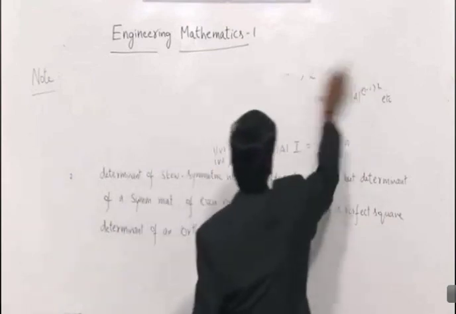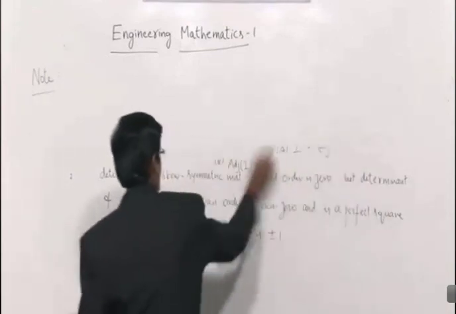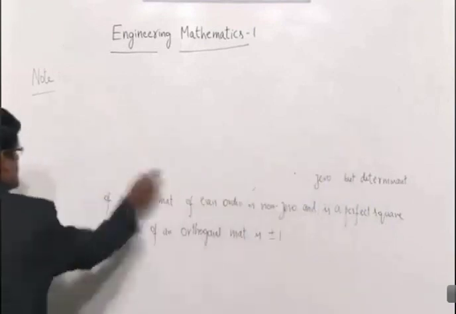So take a 2 by 2 matrix and verify the above properties, which will take less time, or you can take any order also, satisfying the left and right sides of these formulas.